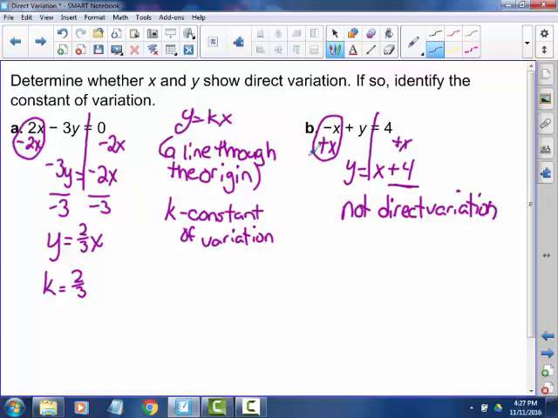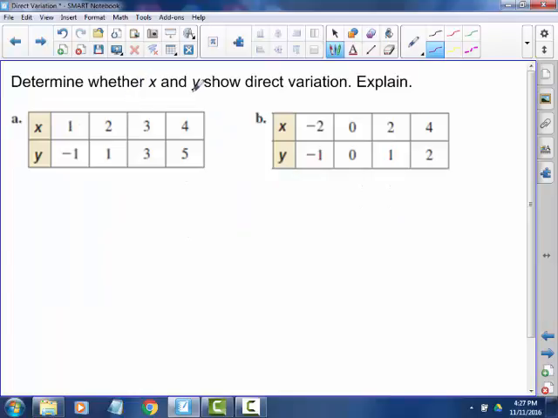Okay, let's look at some more information. Determine whether x and y show direct variation, and then explain. Okay, so we could use the table to create the equation, but there's something else we could do that will help us.